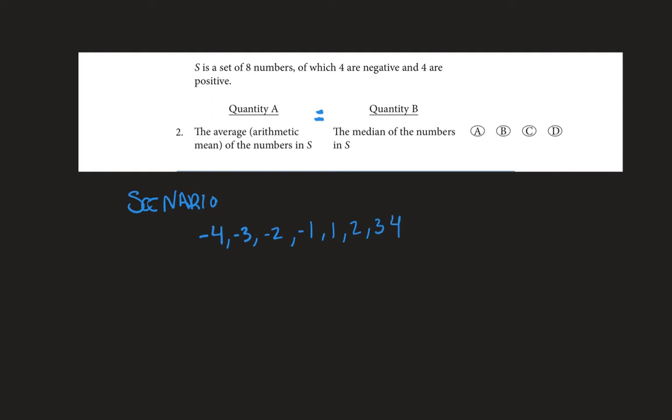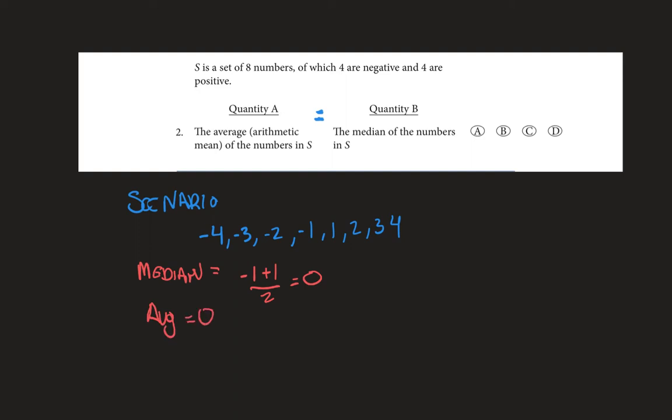So let me first find the median. The median, we know, is going to be -1 plus 1 over 2, and that's 0. Now, what is the average going to be? The average is actually going to be 0.